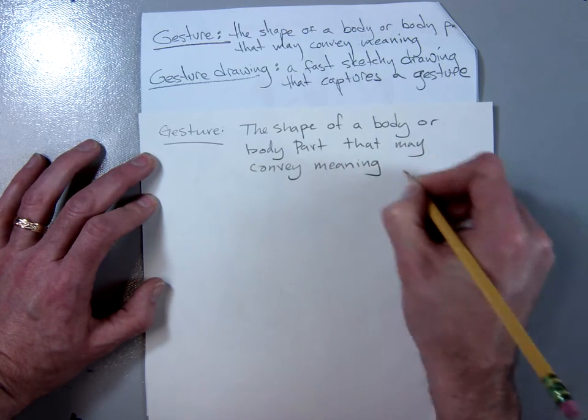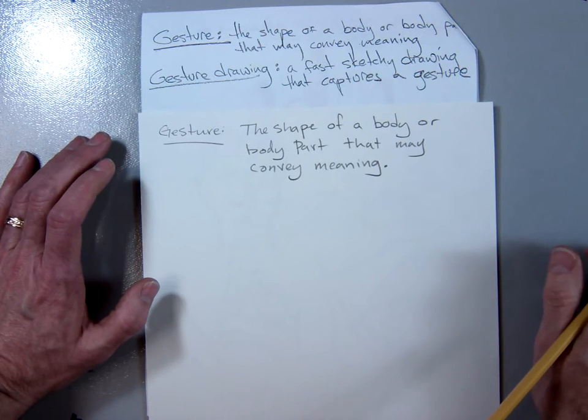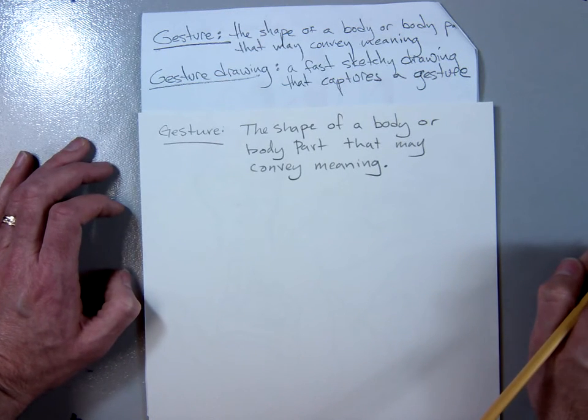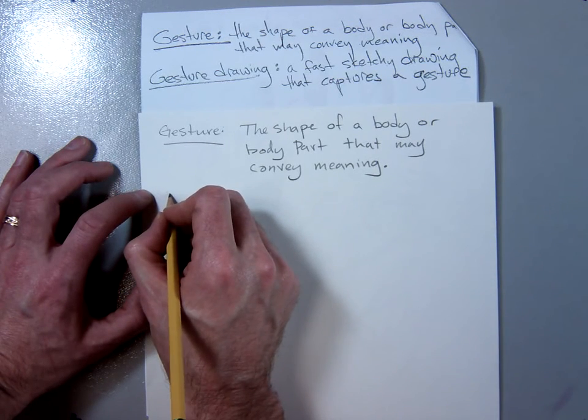And in class, I'll pause and talk about different body gestures and ways that we can show gesture with a body. Okay? The next part of the lesson is gesture drawing.